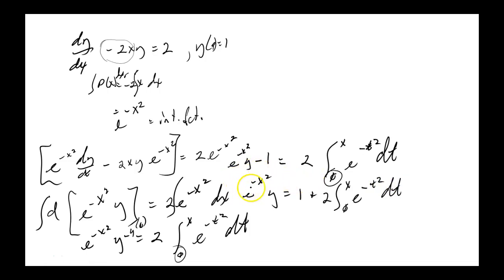And then is when they multiply by e to the x squared. So that gave you y is equal to e to the x squared plus 2e to the x squared times the integral 0 to x e to the minus t squared dt. Okay.